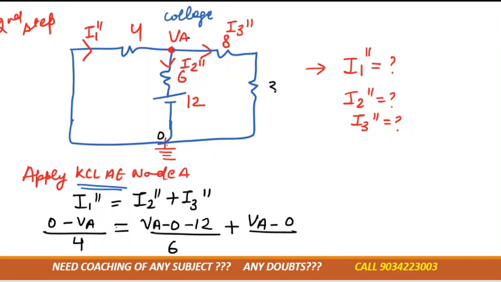We can take 8 plus 3 is 11. We can simplify this equation, then we'll get the value of VA, and we can put this value of VA here, then we'll get the values of I1 double dash, I2 double dash, and I3 double dash. Okay, fine.